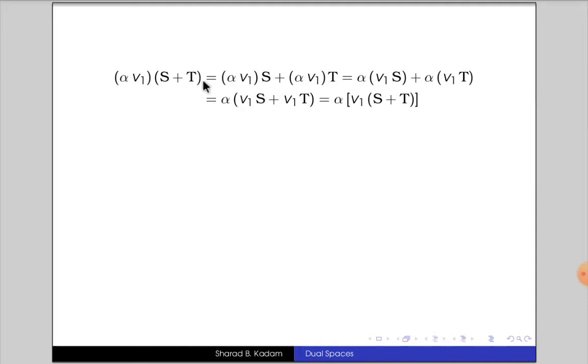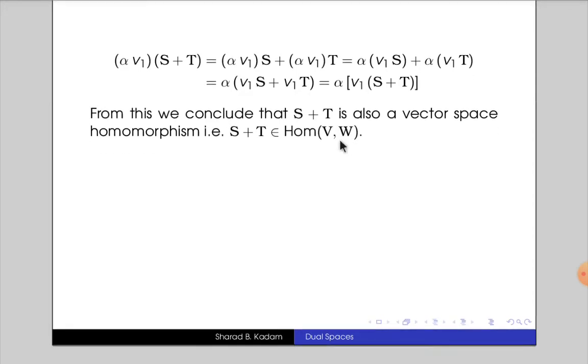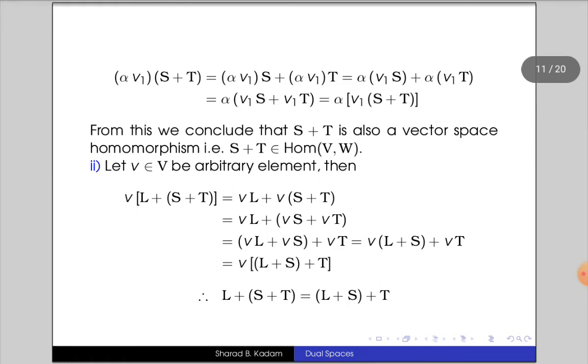That means we have shown that (S plus T) of (alpha V1) equals alpha into (S plus T) of V1. So if S and T are vector space homomorphisms, then their addition S plus T is also a vector space homomorphism. That means the addition is closed, that is, the set is closed under the binary operation addition.